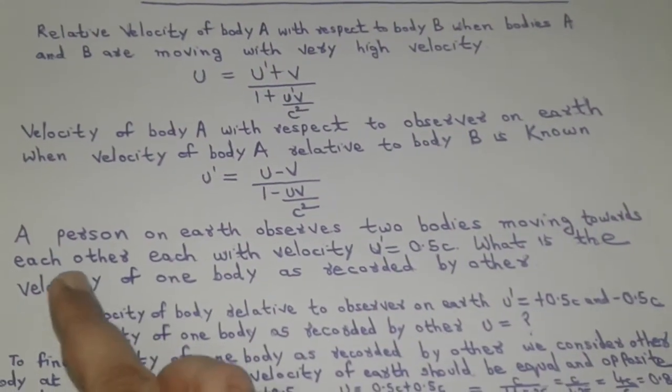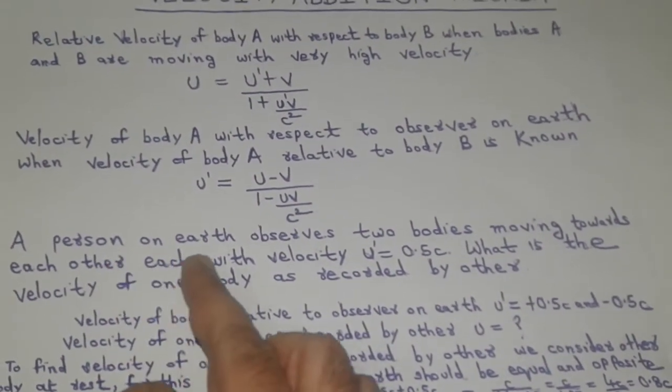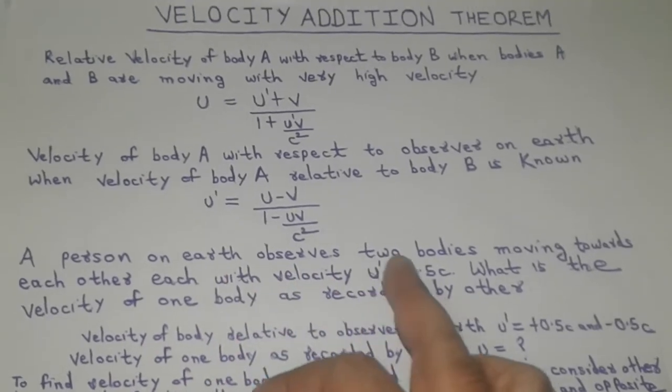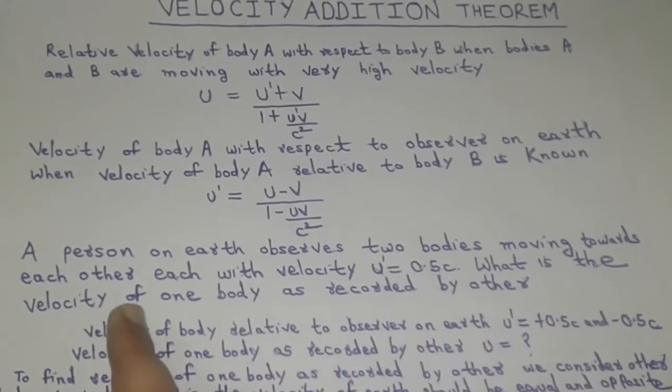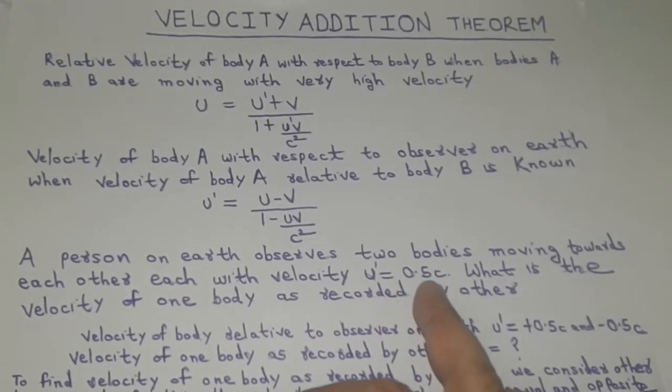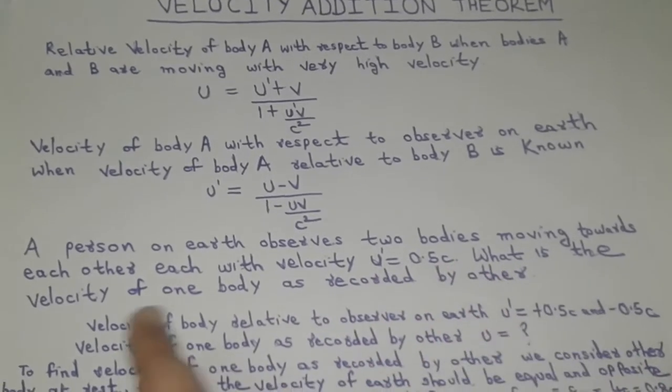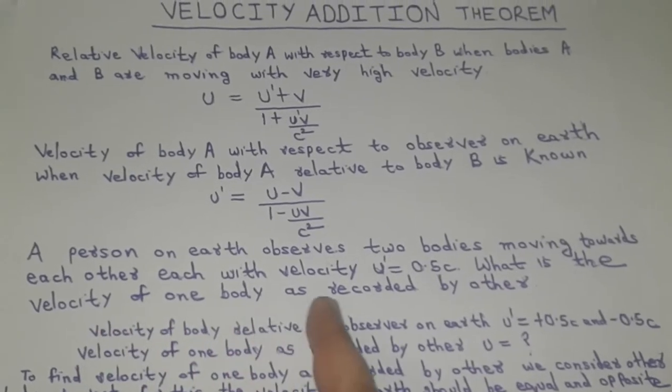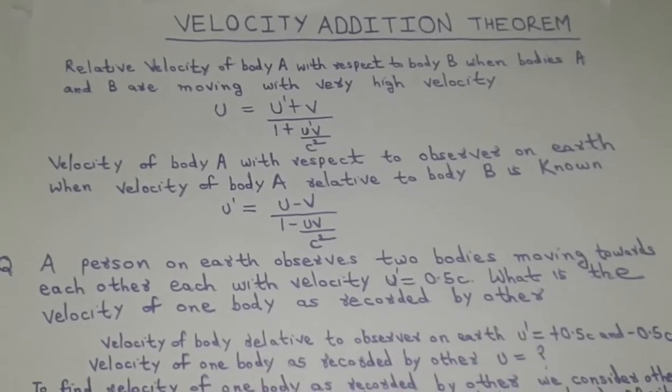Let us consider an example. A person on earth observes two bodies moving towards each other, each with velocity u' equal to 0.5c. What is the velocity of one body as recorded by other?